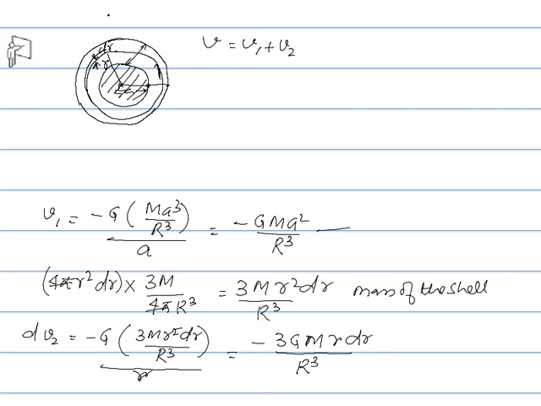So potential at this point we found because of this shell, this is dV2 we found.